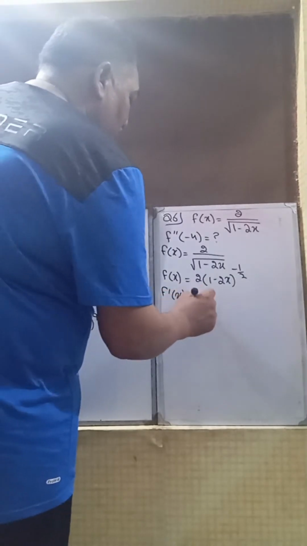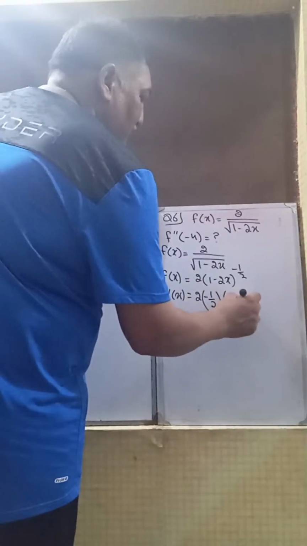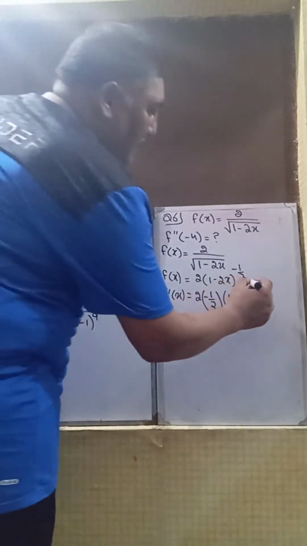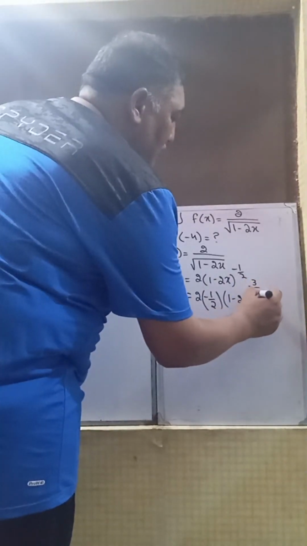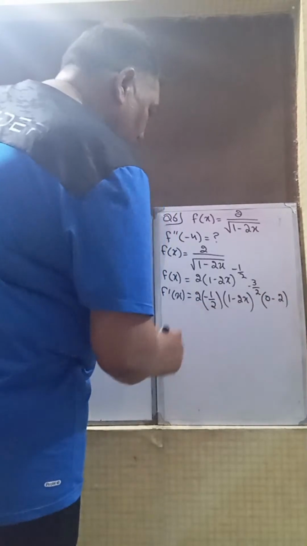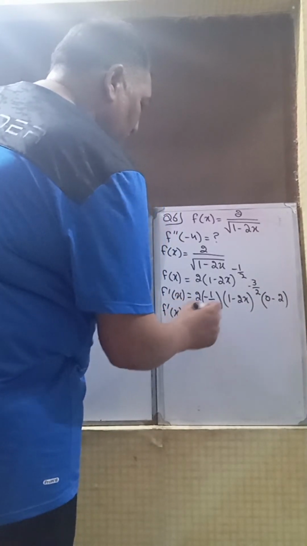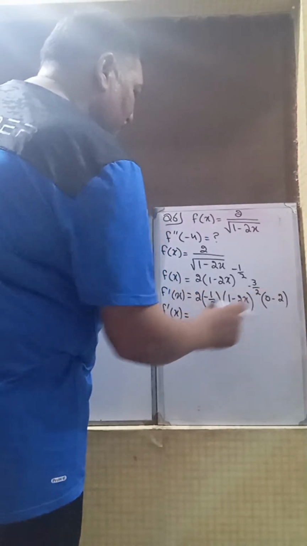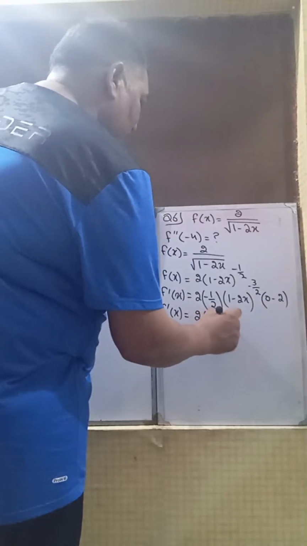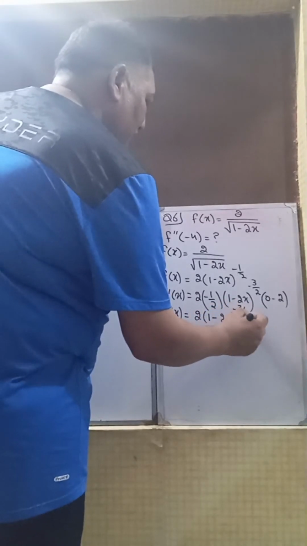That will be 2 into minus 1 by 2, 1 minus 2x raised to power minus 1 by 2 minus 1, that will be minus 3 by 2. Then the derivative of the base will be 0 minus 2. So the first derivative will be equal to 2, the minus and minus cancel to plus, and then we have 2 into 1 minus 2x raised to power minus 3 by 2.